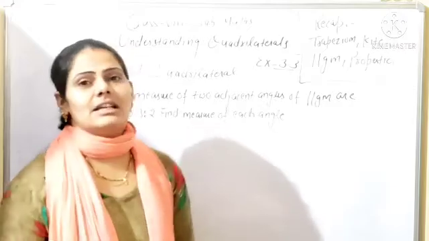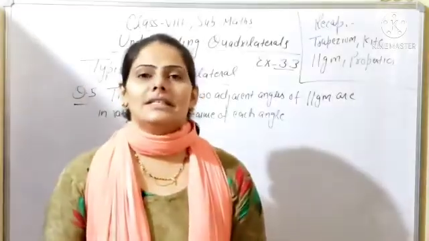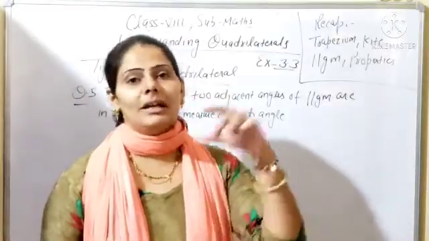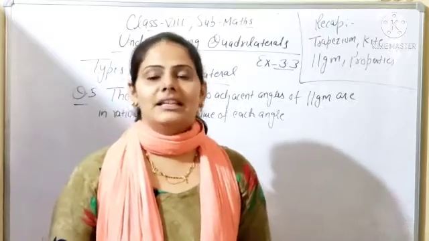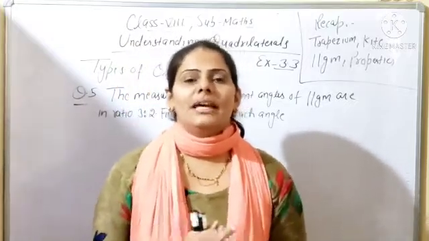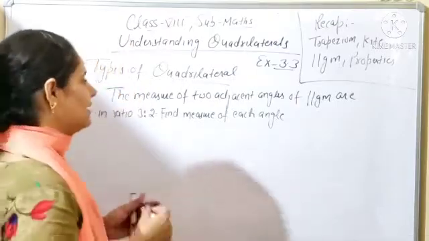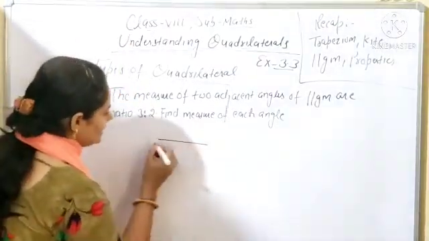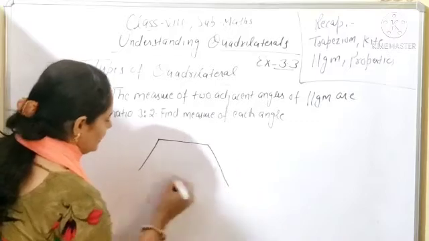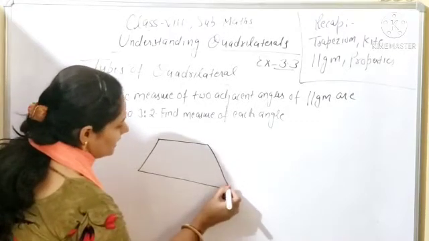So once again I am explaining what is trapezium. A trapezium is a type of quadrilateral where one pair of opposite sides is parallel. One pair of opposite sides is parallel, it means the other pair will be non-parallel. For example, this is a quadrilateral where four sides are given.